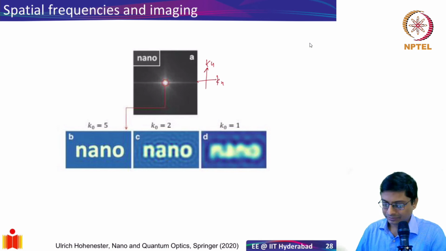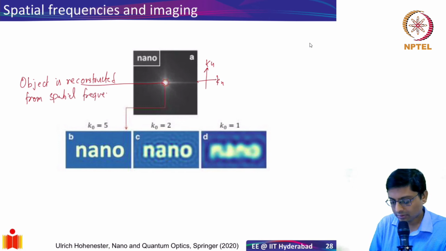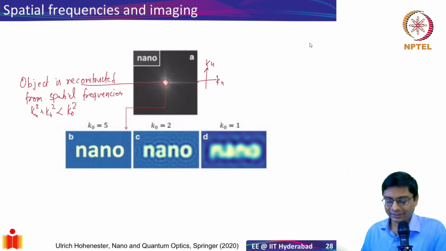So what is done here is, the object is reconstructed from spatial frequencies such that kx square plus ky square is less than k naught square. You consider only those spatial frequencies inside the circle and reconstruct. You can do that because if your reconstruction is perfect, then you should get the image.